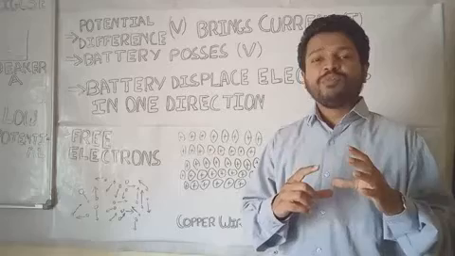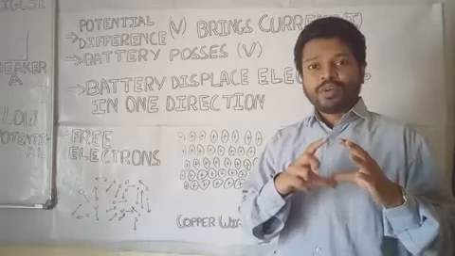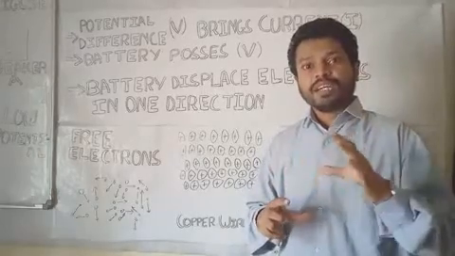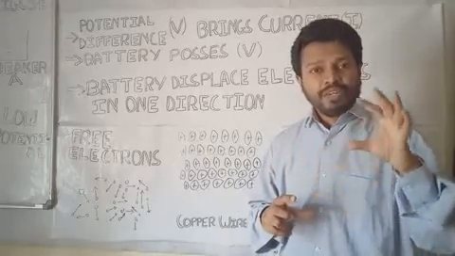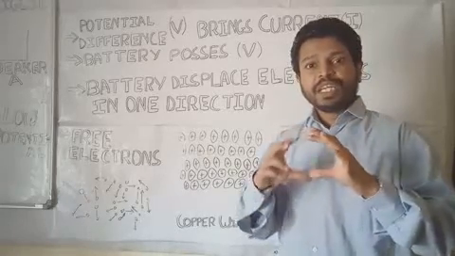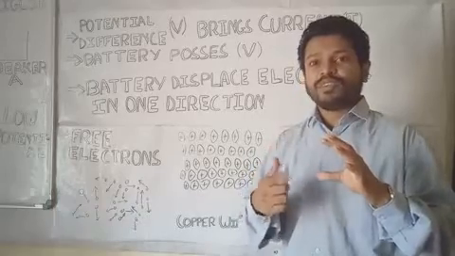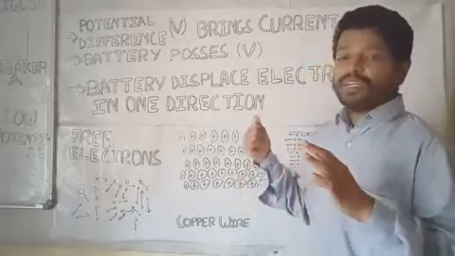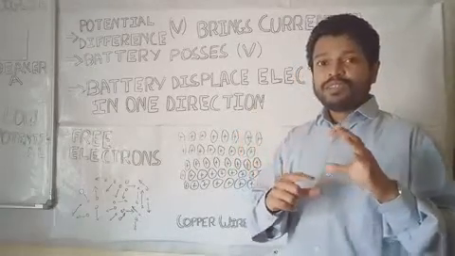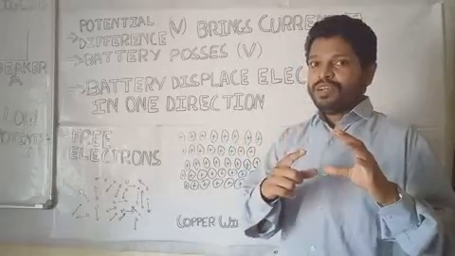So 1.5 volts determines that it can bring a 1.5 volts potential difference if it is connected to an electrical circuit. So the battery has a phenomenon which displaces the electrons in a particular direction.